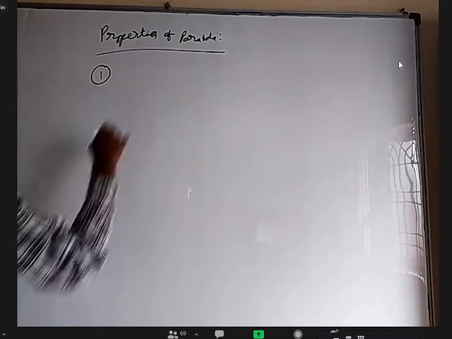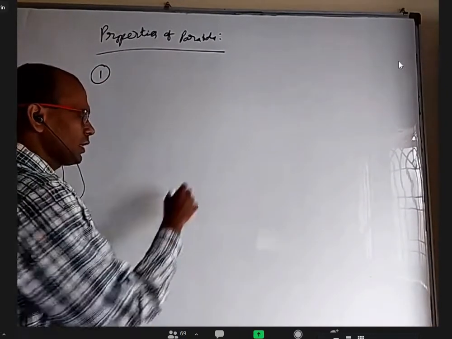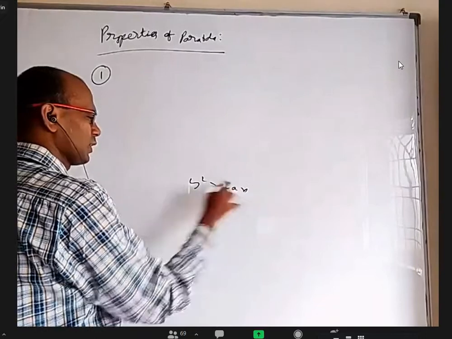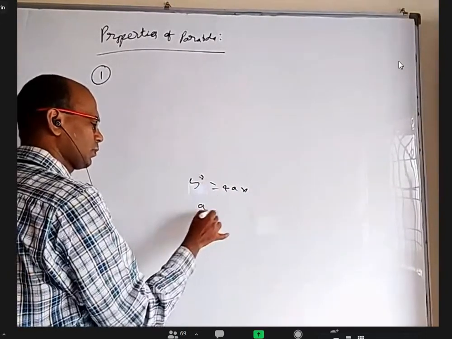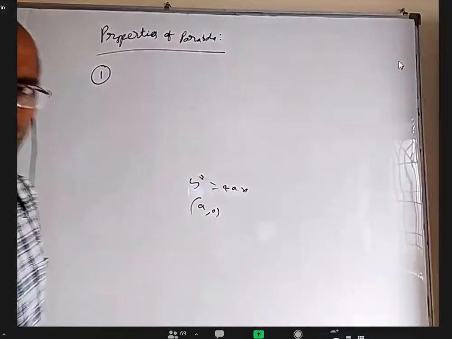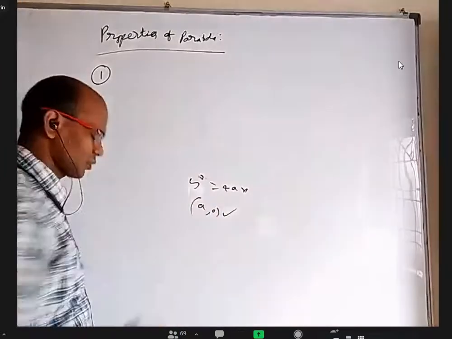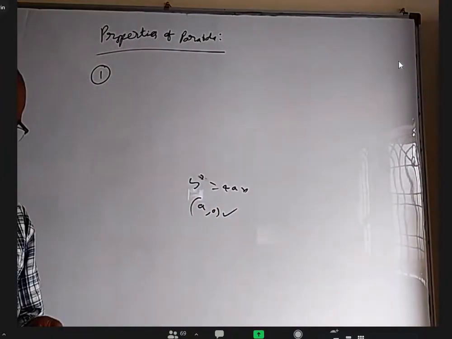First point, before I write it: take the parabola y² = 4ax and the point (a, 0), which is the focus. Find the polar of the focus. Let's do S1 = 0.